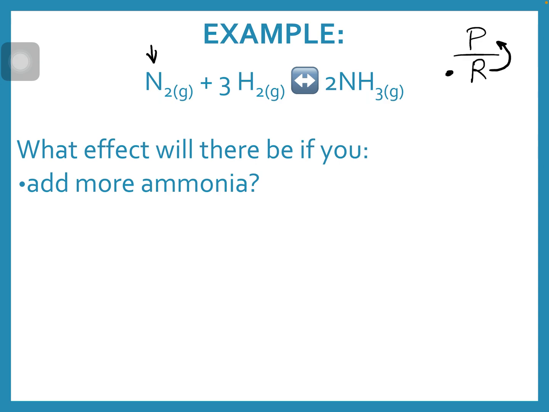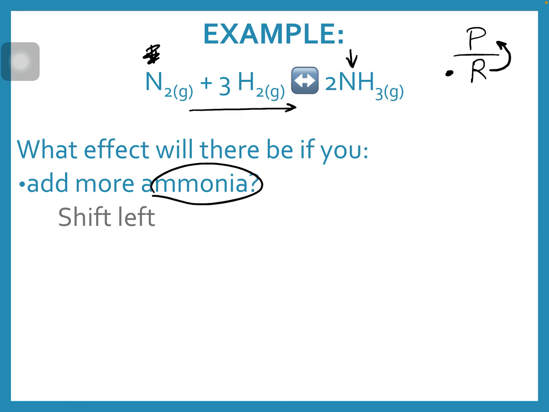So adding more ammonia is going to shift away from that side. Oh, sorry, ammonia, not nitrogen. Okay, so if I add in ammonia, I'm going to shift away. So this part was wrong. So what I'm adding more of is that. So what I want to do is some of the product that I add is going to become reactant.